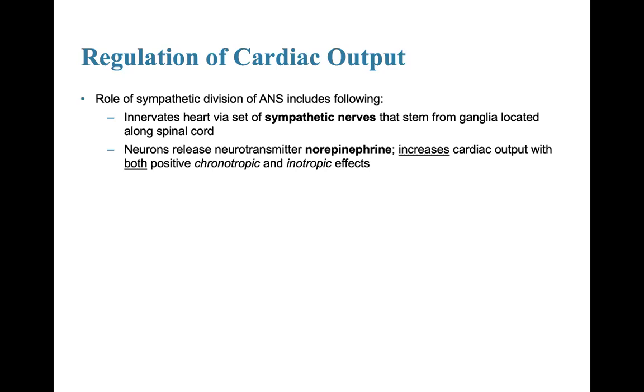The role of the sympathetic division includes the following. It innervates the heart via a set of sympathetic nerves that stem from the ganglia located along the spinal cord. The neurons release the neurotransmitter norepinephrine. This will increase the cardiac output with both positive chronotropic and inotropic effects.